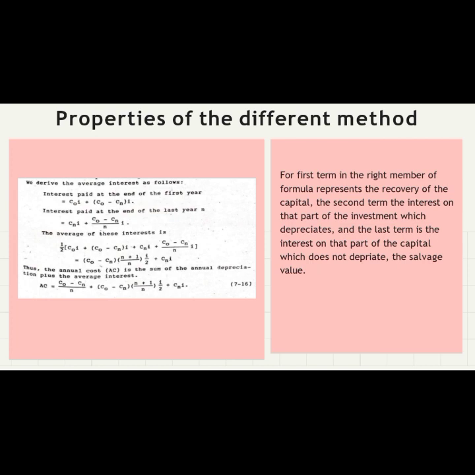And last is the average of this interest, as the last term, on the part of the capital which does not depreciate, the salvage value. Thus the annual cost, or our AC, is the sum of the annual depreciation plus the average interest. So, dara makita na to ang iyang formula na ginagamit by this method.